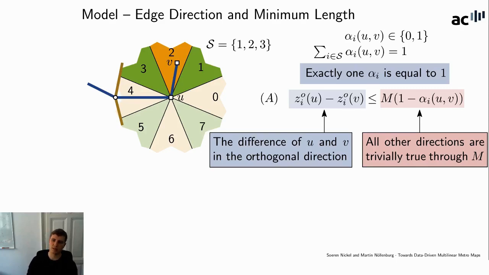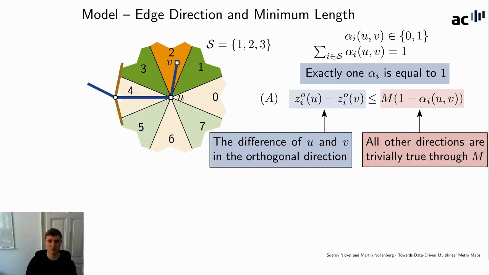The right hand side, if you look at the parentheses, if alpha i is set to 0 and we have not chosen this direction, then we don't want to care about this constraint. So what happens is the right hand side becomes M, which is such a big constant that we know that this constraint is true no matter what the actual coordinates are.